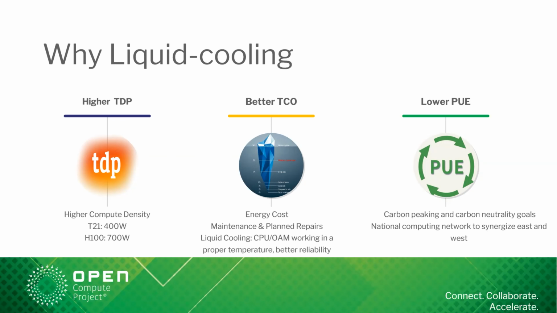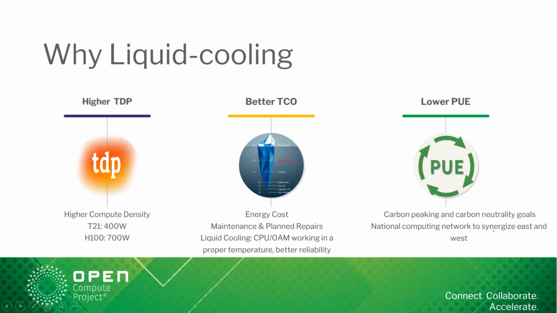And I guess especially in China right now, the government has a very aggressive goal for carbon peak and carbon neutrality. And from last year, the government wants to have a national computing network to create synergy between the East and the West.